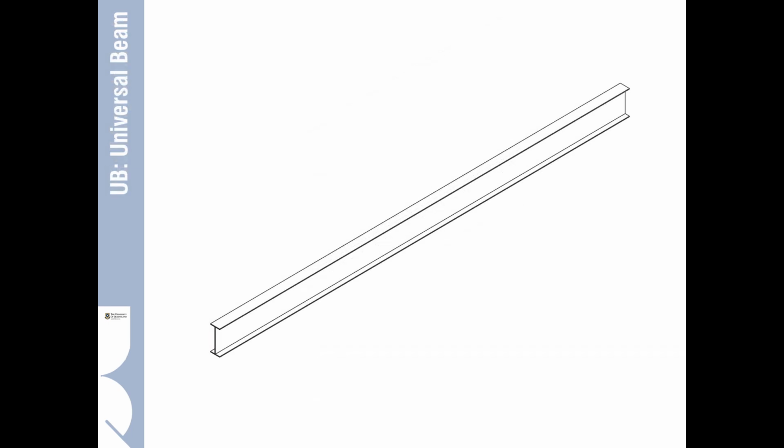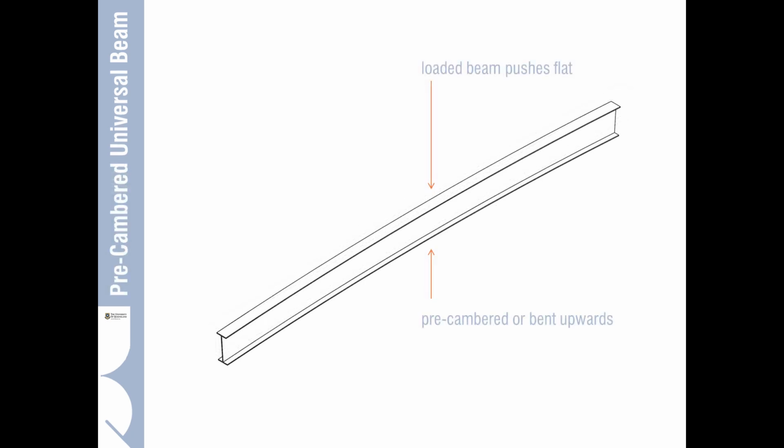Now the simple universal beam again is the workhorse of most of steel fabrication. There are certain things that we can do with the universal beam, and the first is we can actually preload it by pre-cambering it, or bending it upwards.